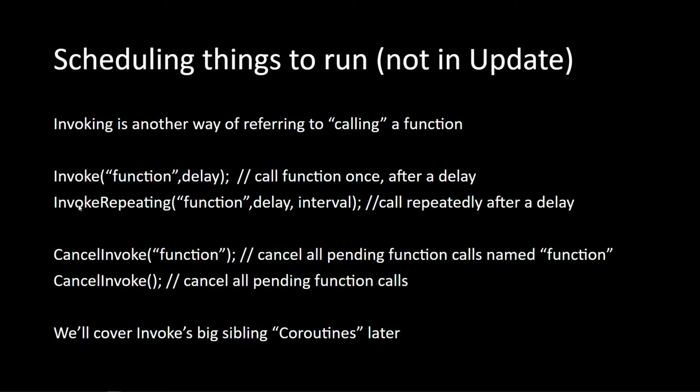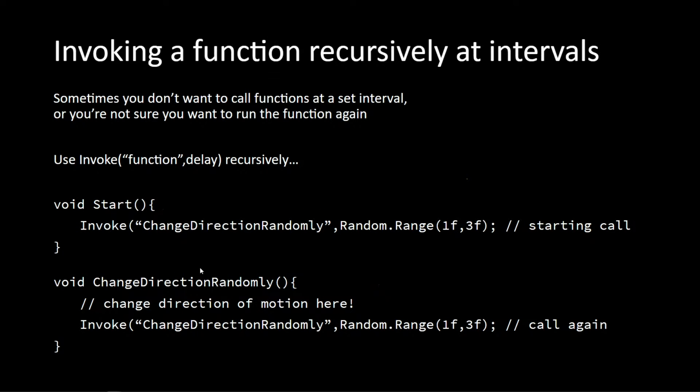Maybe you could actually be calling InvokeRepeating and then call CancelInvoke on that function, and then InvokeRepeating that function again if you wanted, right? So there are ways to cancel invocations once they're running, especially this InvokeRepeating, right? And if you call CancelInvoke without telling it about any function, it will cancel all pending function calls that belong to this particular class, right? So that kind of completes the Invoke stack of things.